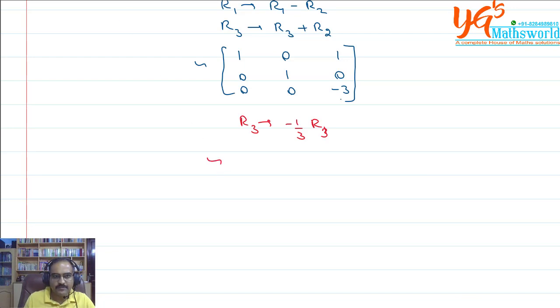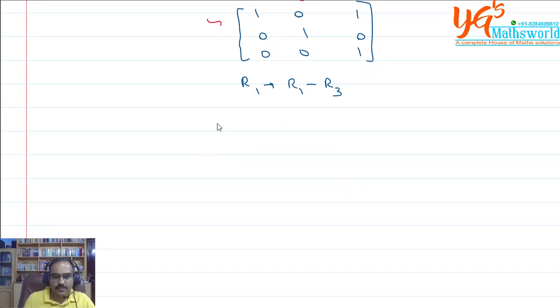So what happens if students proceed for further steps? We'll check that one. 1 0 1 0 1 and 0 0 0 and 1. Okay, now I'll operate on R1, that is R1 minus R3. So in that case it will be 1 minus 0, 1, 0 minus 0, 0, 1 minus 1, 0.